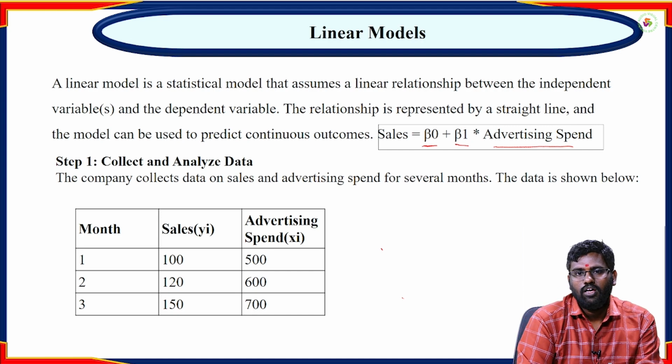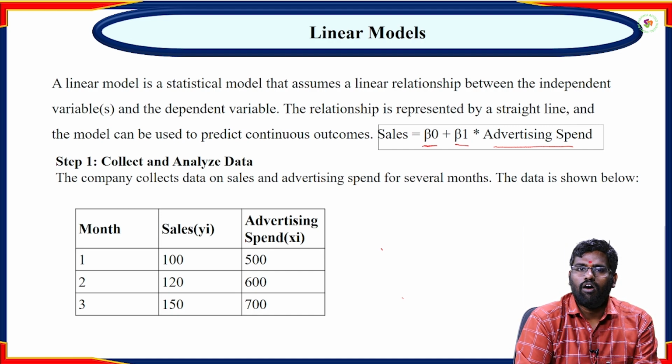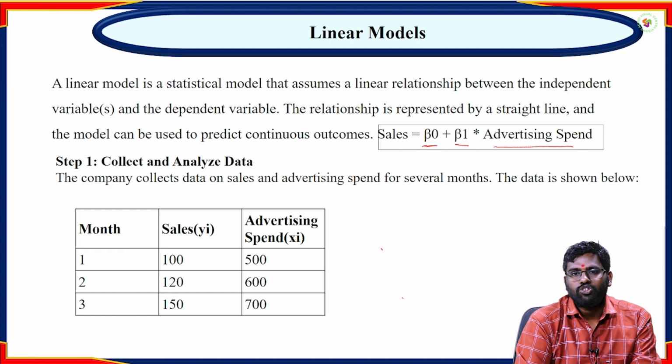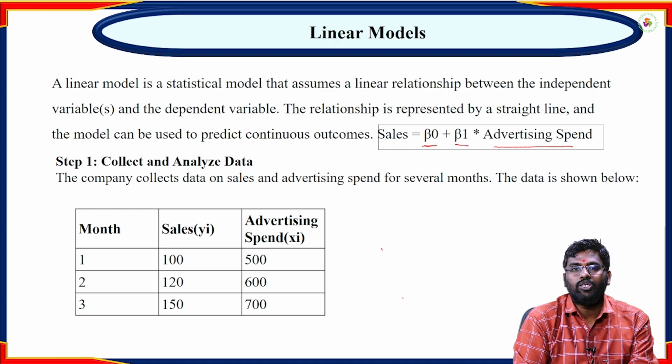For example, if we give an ad on TV, in newspapers, on Facebook or other social media networks, many people watch our advertisement, which means we are spending some amount on that advertisement. Based on that amount, the sales for the particular product increase.